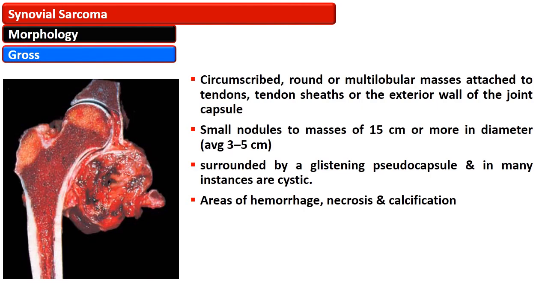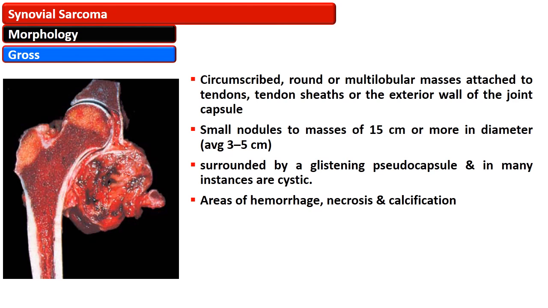This picture describes the gross appearance of the synovial sarcoma, which is a circumscribed, round to multilobular mass attached to the tendon sheath or exterior wall of the joint capsule. These nodules can be small or masses of about 15 centimeters or more in diameter.